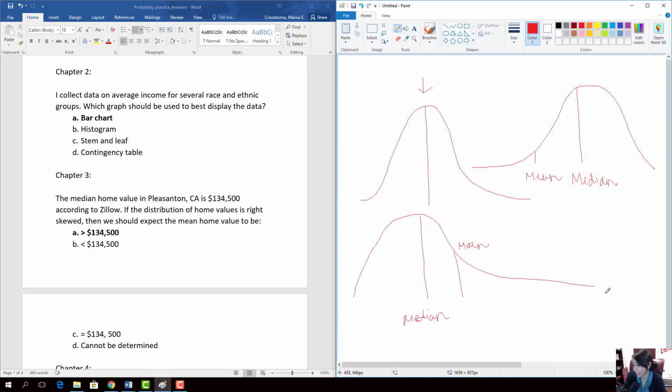Right skewed, the tail's always going to be on the right. And it looks like our mean is greater than our median. So our median is 134.5, and we would expect our mean to be pulled towards that tail, so it should be greater than 134.5. So A is our answer here.